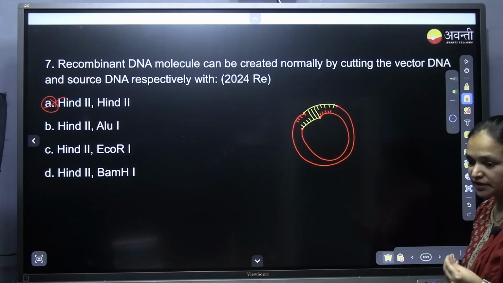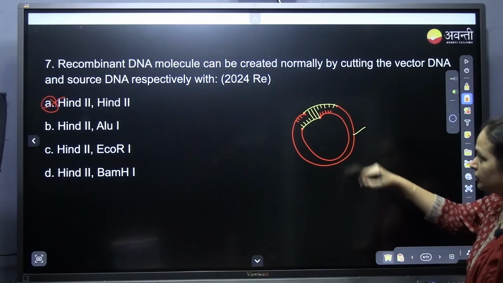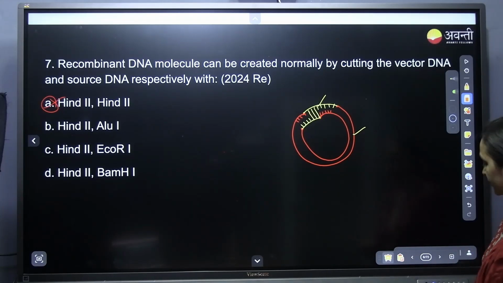So it has to be cut by the same enzyme. If the vector is cut by HindIII, the source DNA should also be cut by HindIII only.